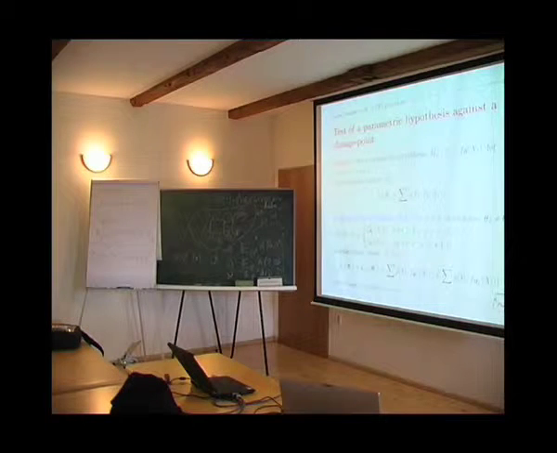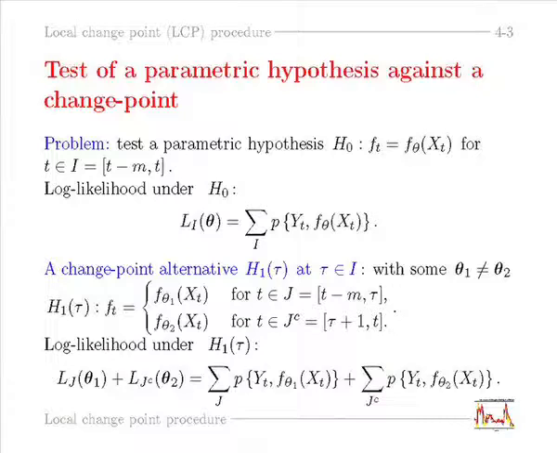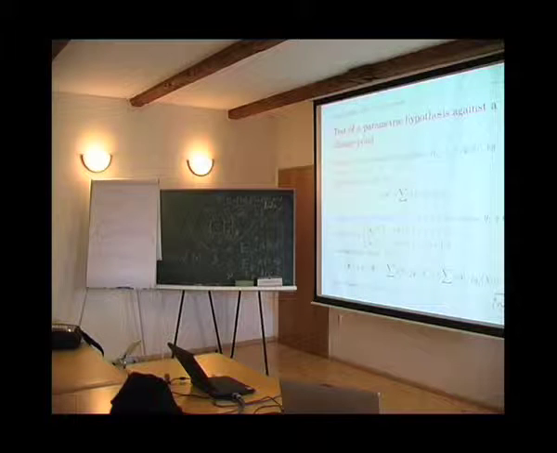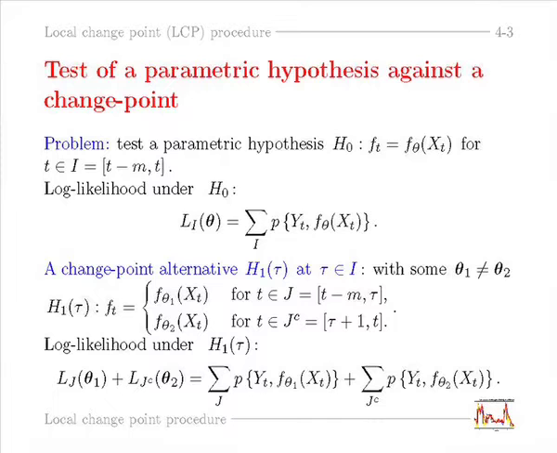Now you consider the alternative, or more precisely the change point alternative. This means that there are two different parameter vectors, exactly as we saw in the example. So theta is a parameter vector, theta 1 and theta 2. The interval is split into two subintervals, J and J complement, and you have one model for J and another model for J complement with different parameter values.